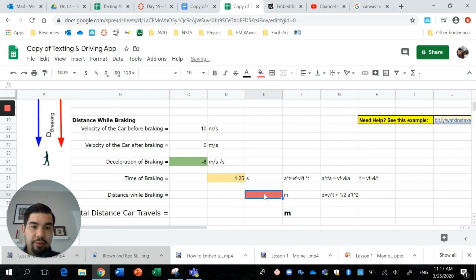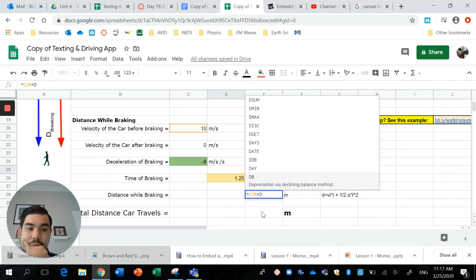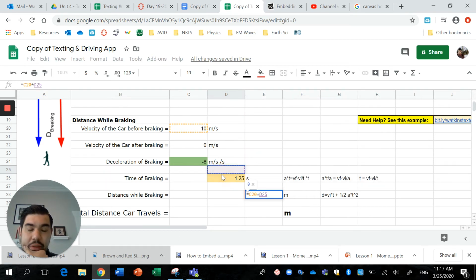So that means we have equal initial velocity multiplied by time, plus 0.5, which is 1/2, multiplied by acceleration multiplied by time squared.